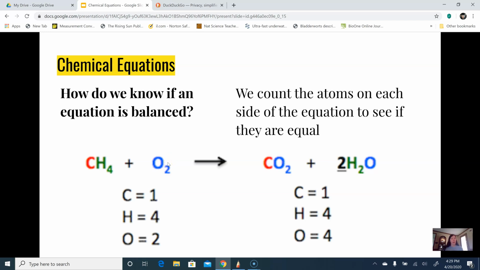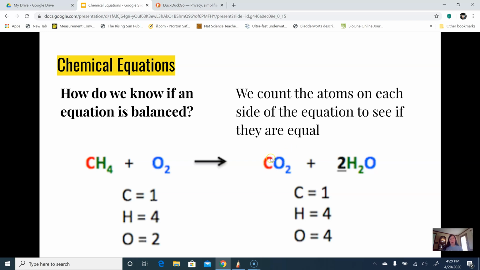So we have listed all the elements that are on the left-hand side and put the amount of atoms of each. On the right-hand side, we're going to have the same elements, but in a different order. Whereas on one side we have a hydrocarbon and oxygen, on this side we have carbon dioxide and water. But both sides still only have carbon, hydrogen, and oxygen.